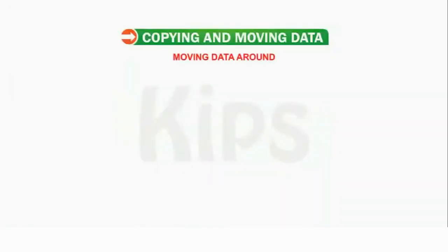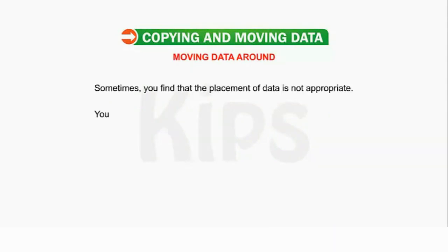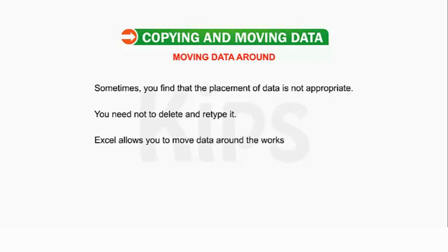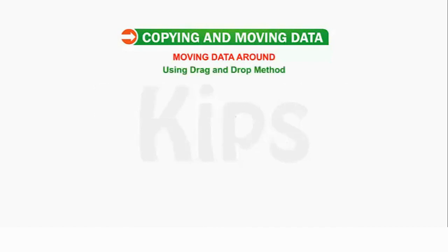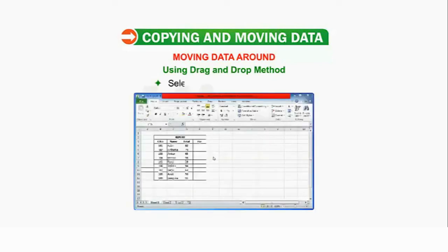Now moving towards the next topic, which is moving data around. Sometimes you find that the placement of data is not appropriate. If you do not need to delete and retype it, Excel allows you to move data around the worksheet using drag and drop method. Select a cell or a range of cells.